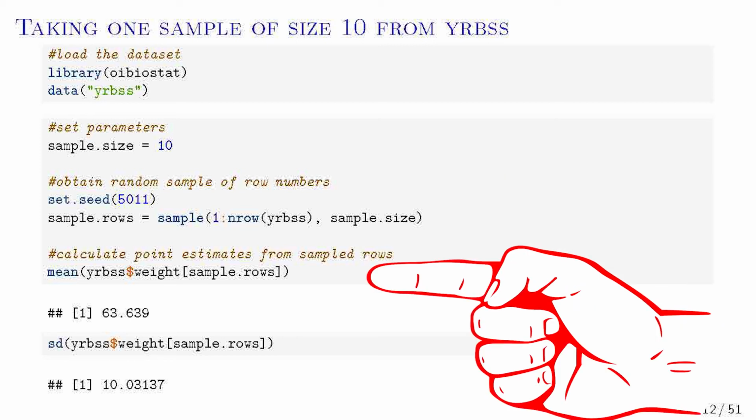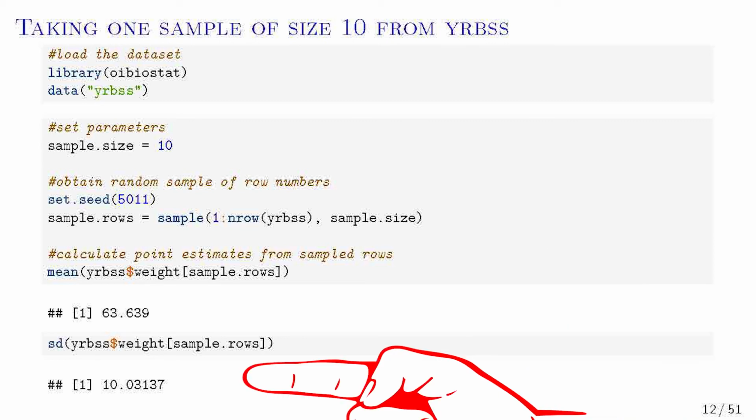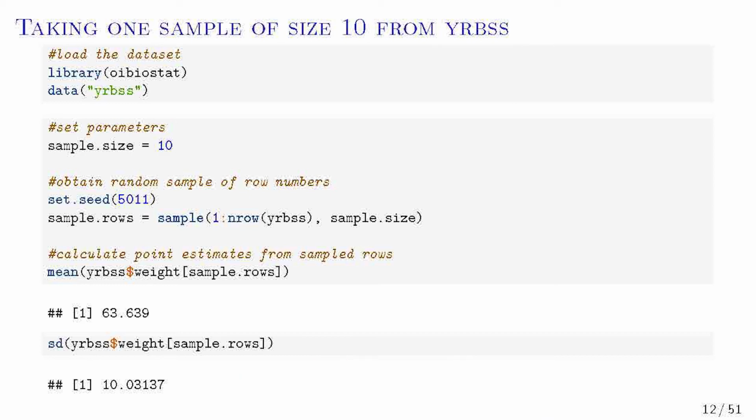The next section calculates the mean of the weight for the sample rows. These are the rows of individuals that we're choosing to sample from the population. Finally, we calculate the standard deviation of the weight of the students we sampled. No, that didn't hurt too bad, did it?